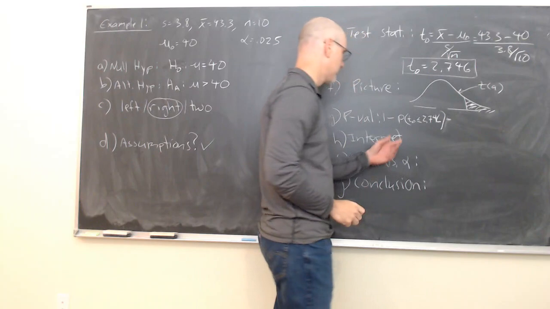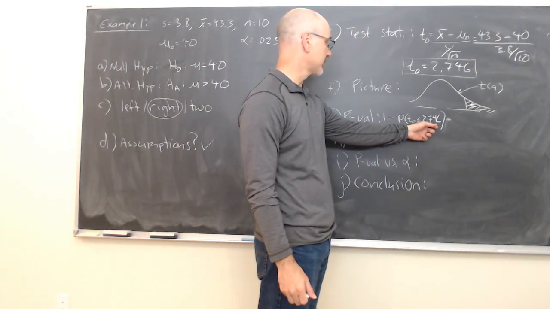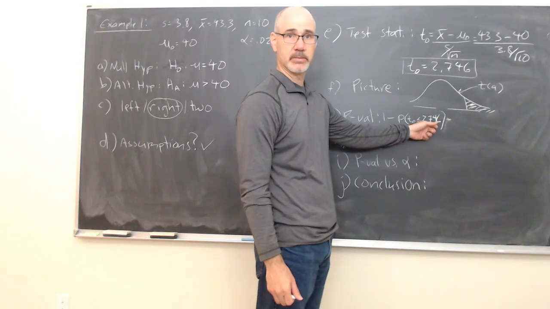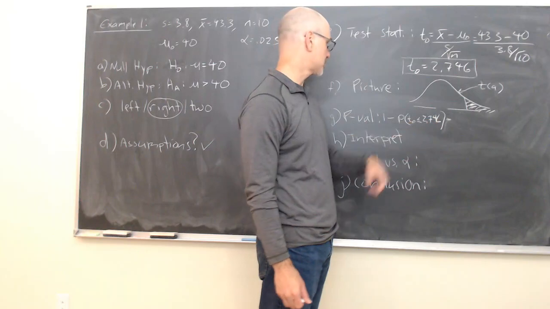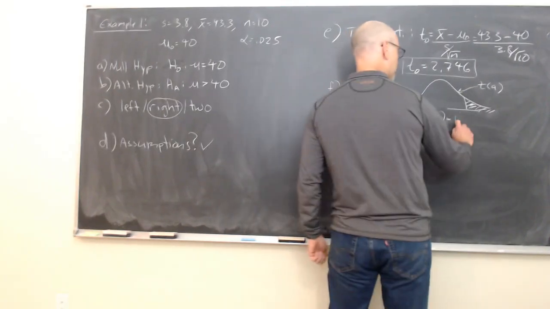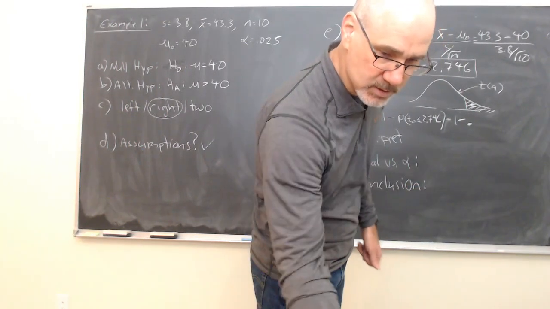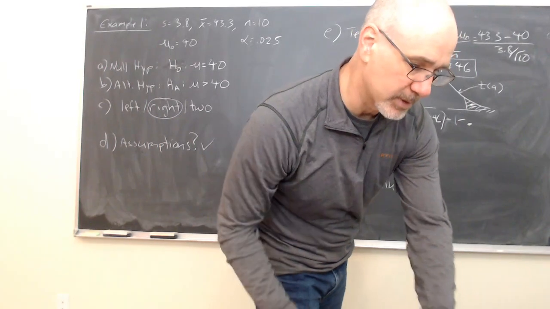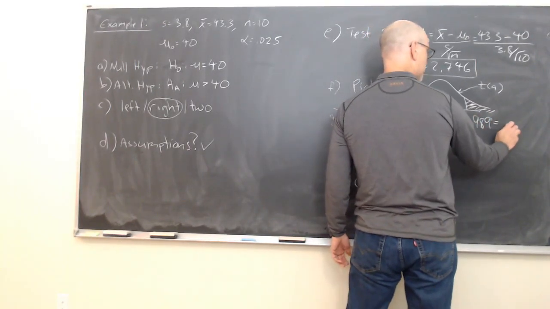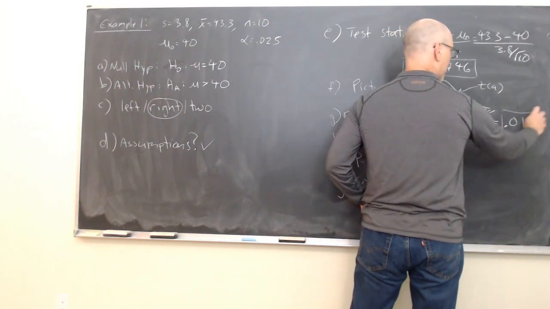So we need the probability of getting a t-score less than or equal to 2.746 using a t distribution with 9 degrees of freedom. I'll do that in a StatCrunch supplement here in a bit. When we do that calculation, we get 1 minus 0.989. So we get 0.011 for the p-value.